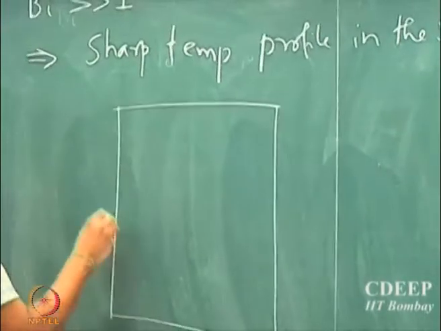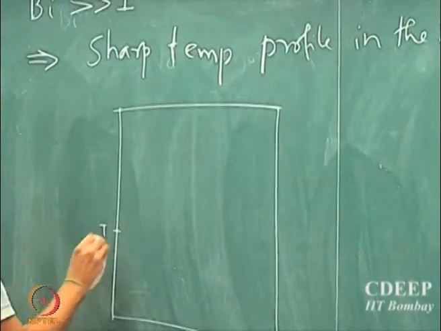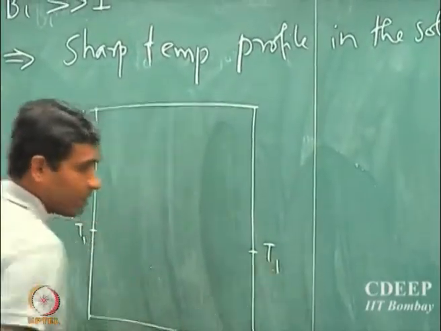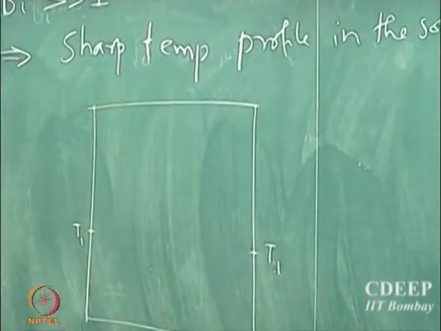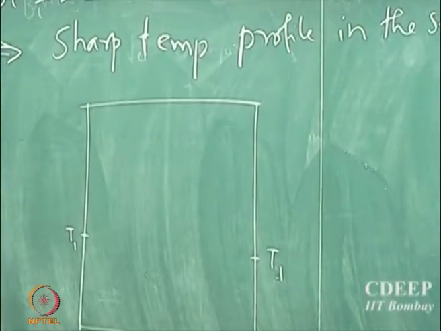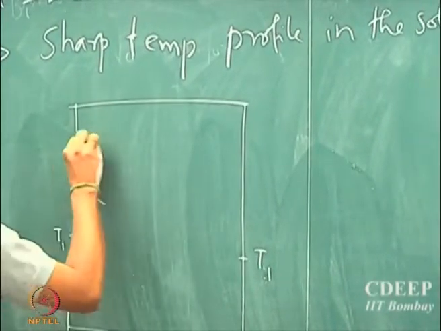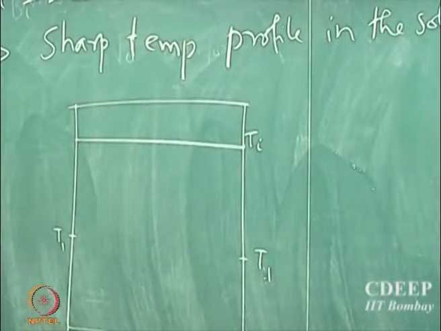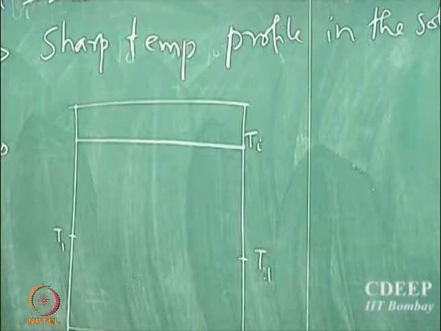So supposing I maintain the same temperature on both sides of the slab, I will have a symmetric temperature profile. Suppose Ti is the initial temperature at which the solid is being exposed to the surrounding fluid, and let us say the temperature here is T infinity.